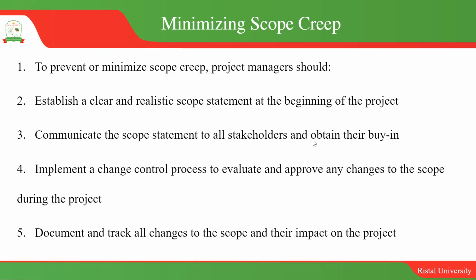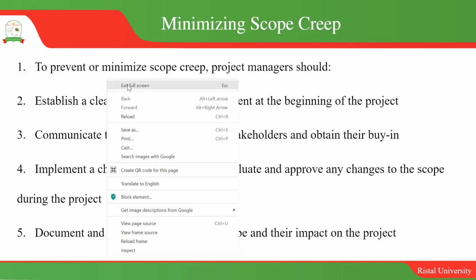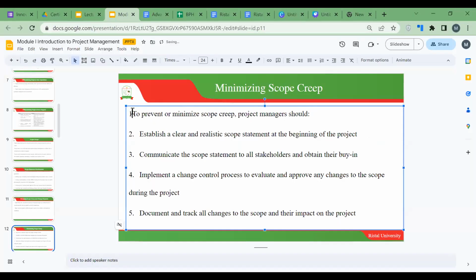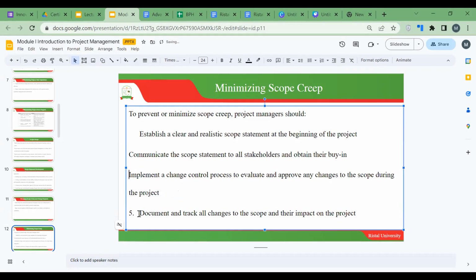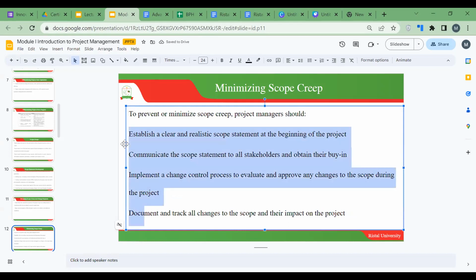Hey, people are just listening. Who's going to help us with that? Tracking all the changes, what does it mean? Simon. Yes. Tracking means what?